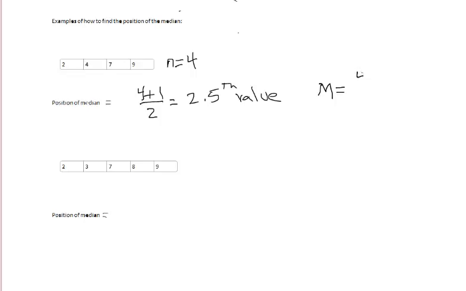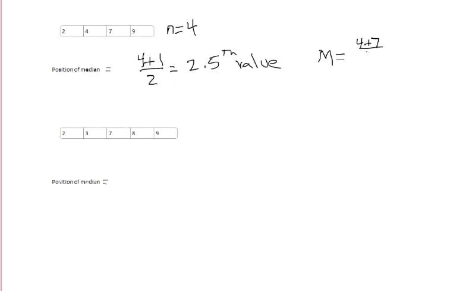So it's going to be (4 plus 7) divided by 2, which is equal to 11 divided by 2, or 5.5. So the position is the 2.5 value, and the median itself is equal to 5.5.